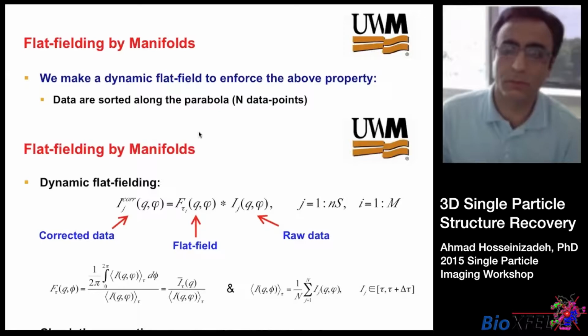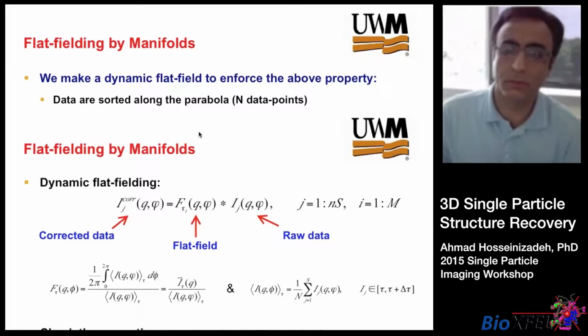Then we divide the sorted data into some intervals, for instance from T1 to Tn. A local flat field for each tau interval is generated. We also combine all intervals together and make a global flat field. Then we normalize the raw data by these flat field factors and see what happens.